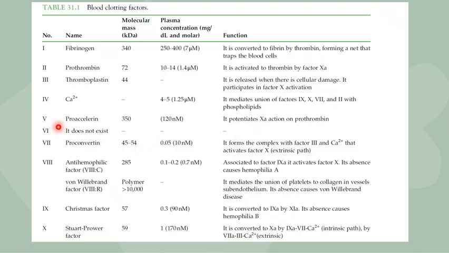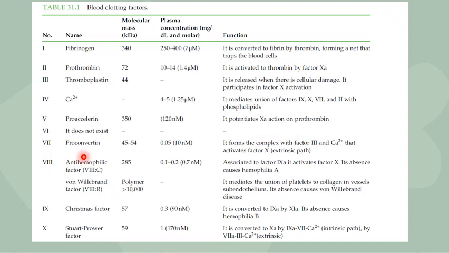Factor 6 actually doesn't exist. Factor 7 is proconvertin. It is a 45 to 54 kilodalton protein. It forms a complex with factor 3 and calcium that activates factor 10 in the extrinsic pathway.